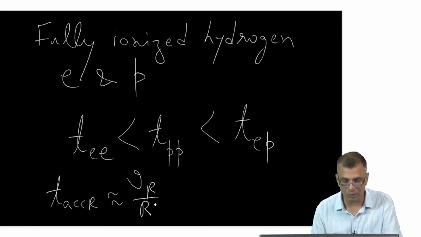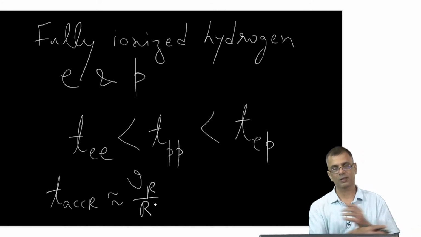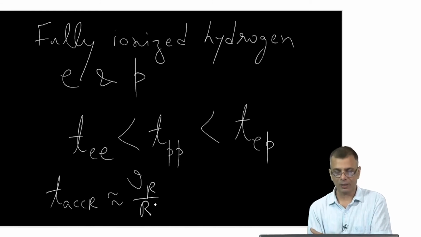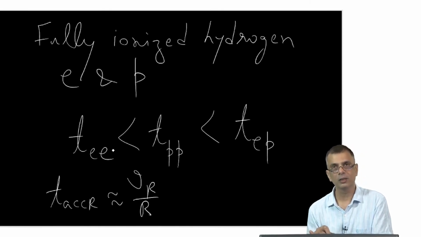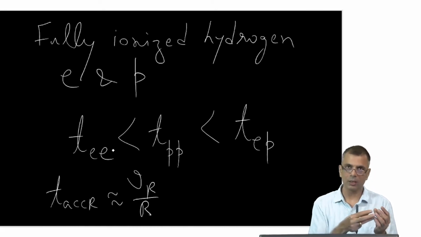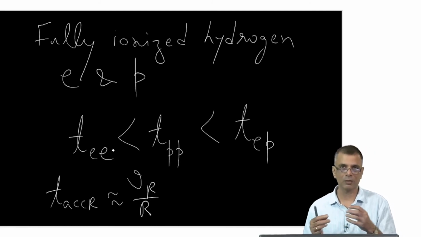So this would be the time scale over which stuff accretes. Given this kind of time scale, there might be enough time for the electrons and electrons to equilibrate. In other words, the T accretion is larger than the TEE. So by the time a given parcel of gas moves in, there is enough time for electrons and electrons to equilibrate among themselves via Coulomb collision.